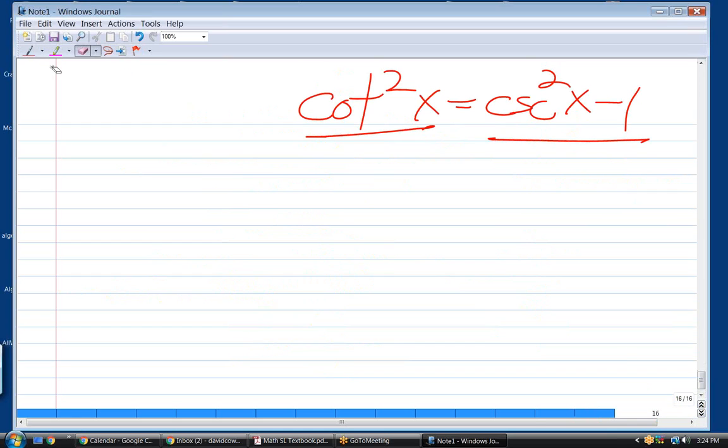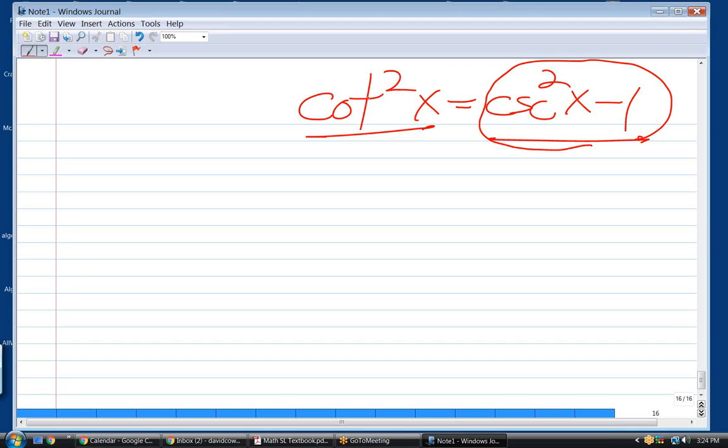So here's another one you want to recognize. When you see anything squared with a 1, you're looking at a Pythagorean identity, almost always. They may have algebraically manipulated it.